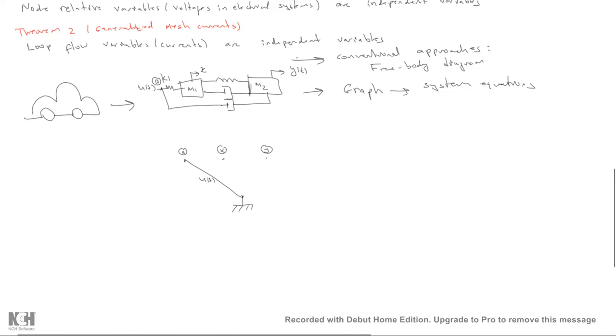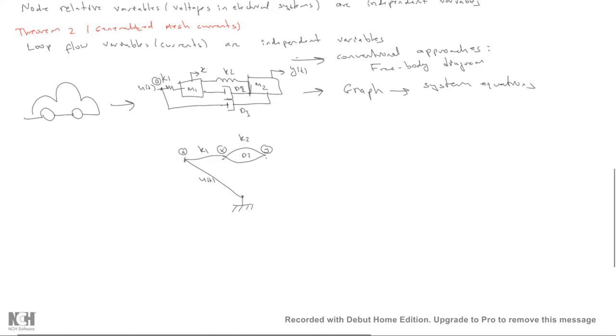Between A and X, I have K1 and D1. And between X and Y, I have two components, K2 and D2.